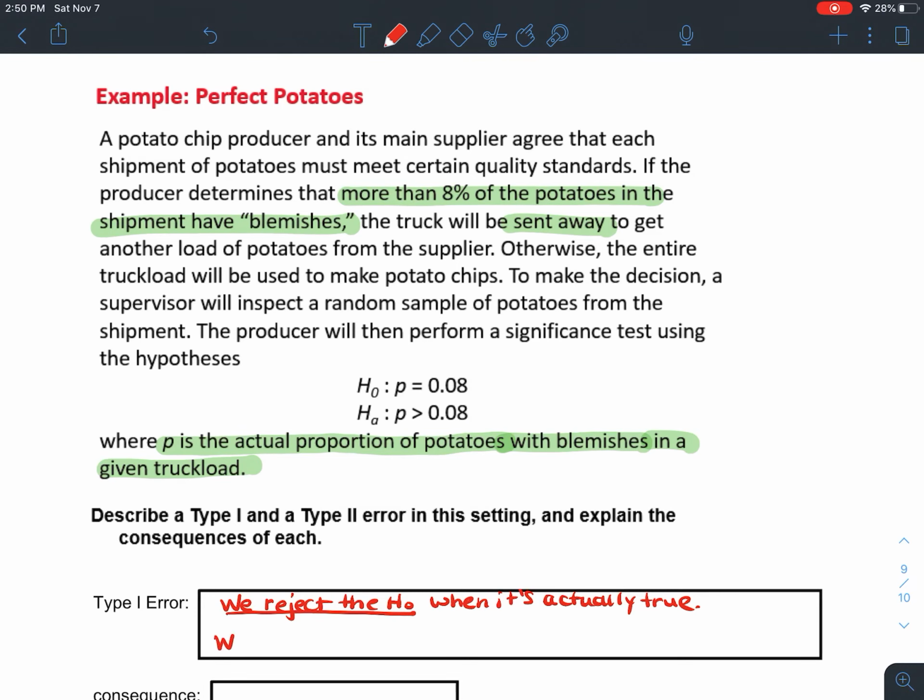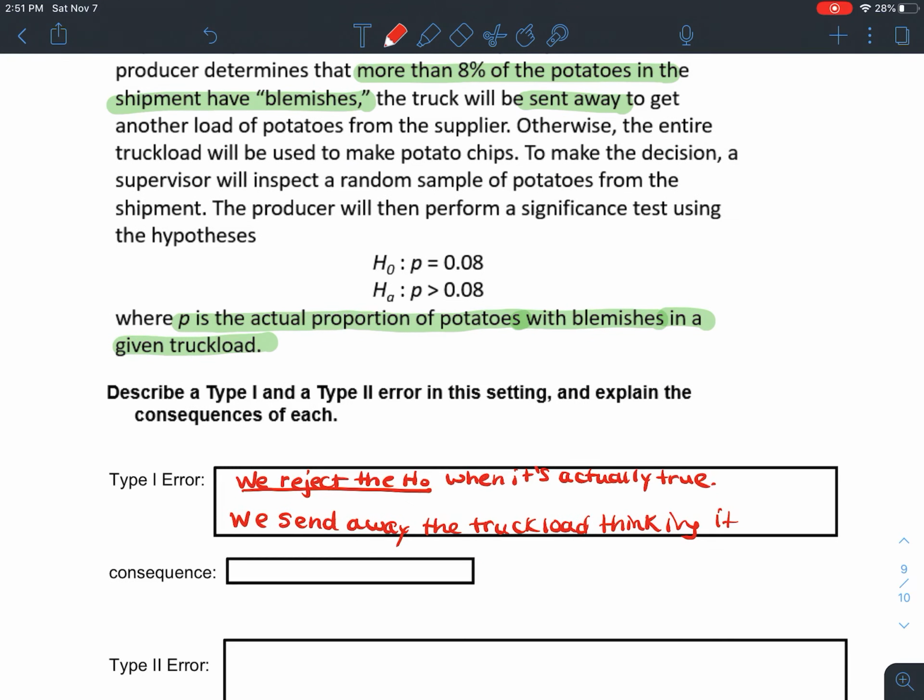So what we would end up doing is we're going to send away the truckload thinking that it has too many blemishes, or too many blemished potatoes, I will say, when it would have been fine to use.